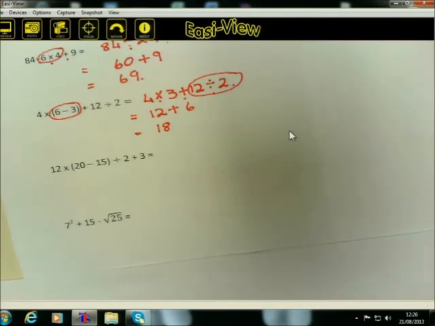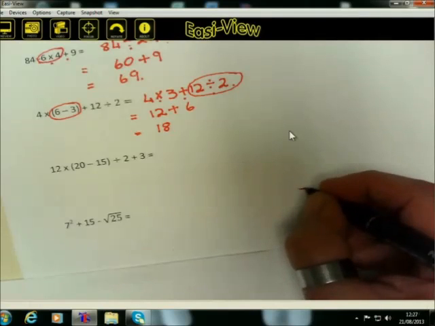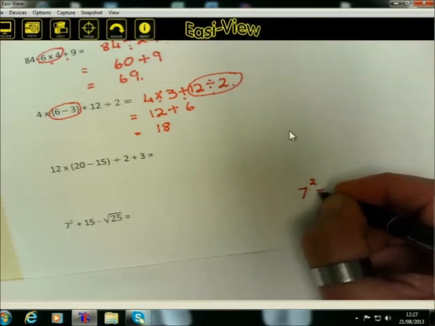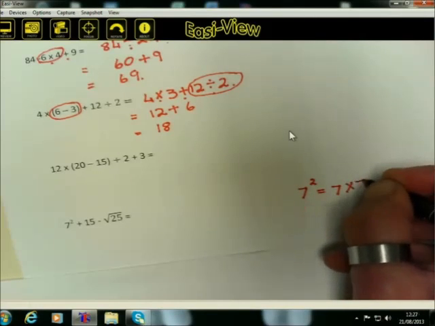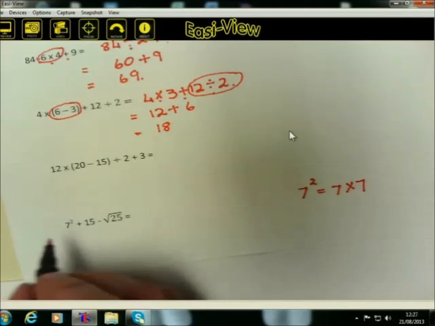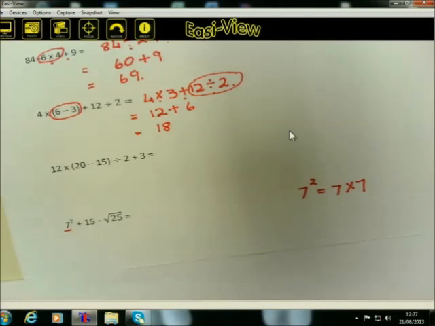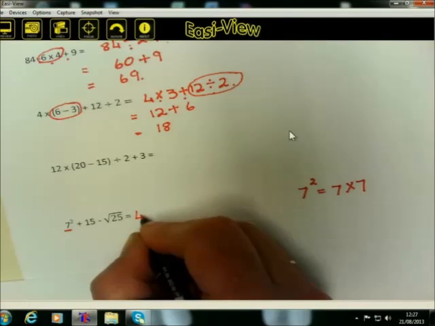If you look at this one I'm giving you, 7 squared plus 15 minus the square root of 25. Remember that 7 squared in fact means 7 times 7. Yes, you know that. So if I first work out 7 squared, I'm going to have 49.